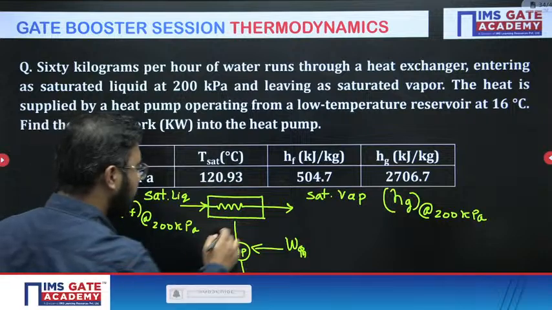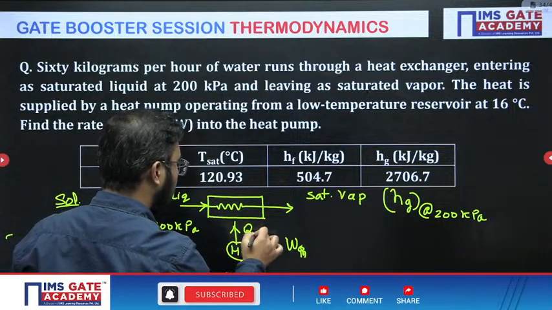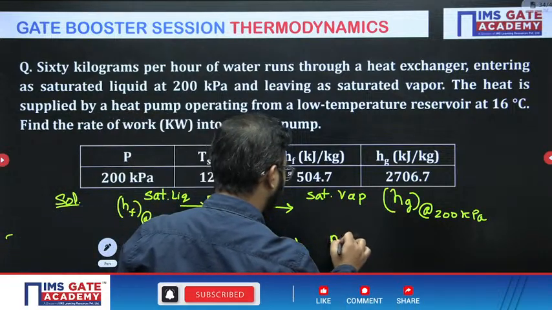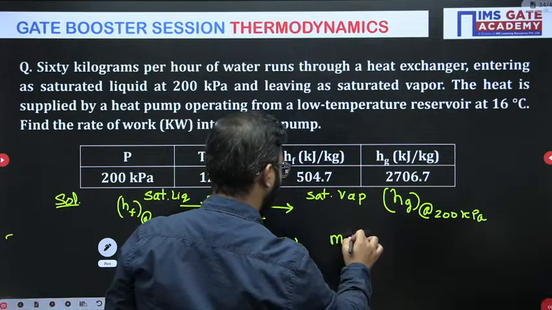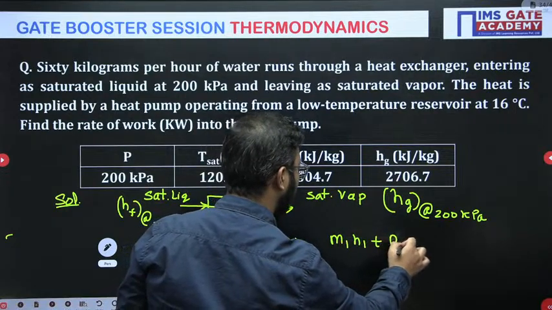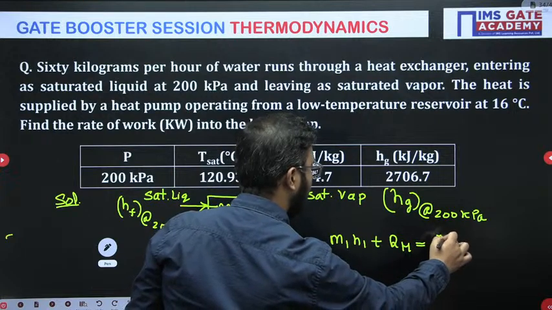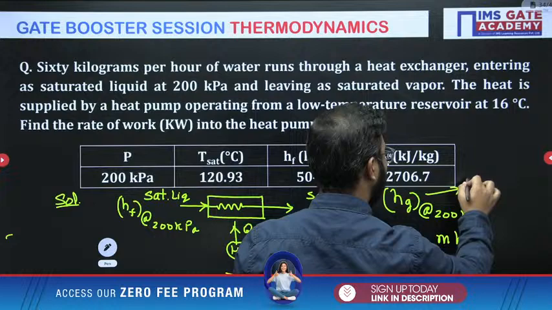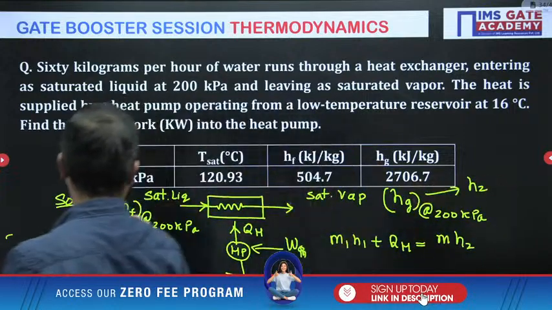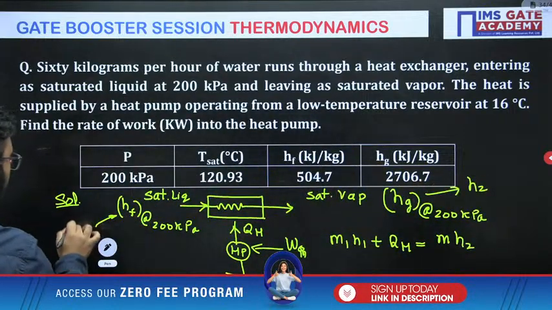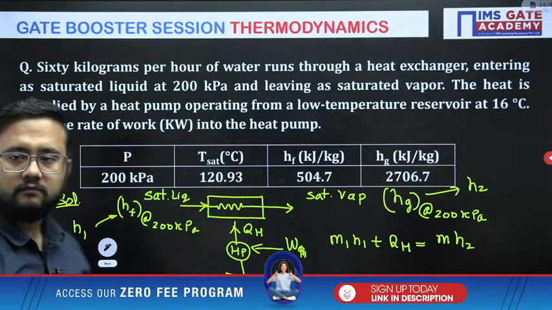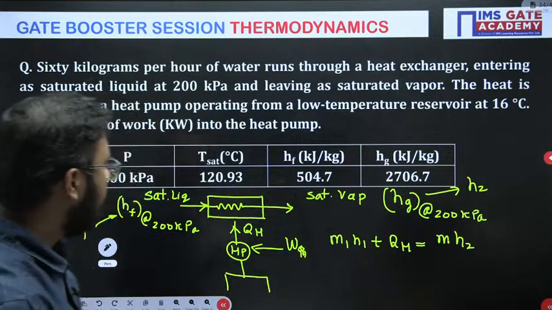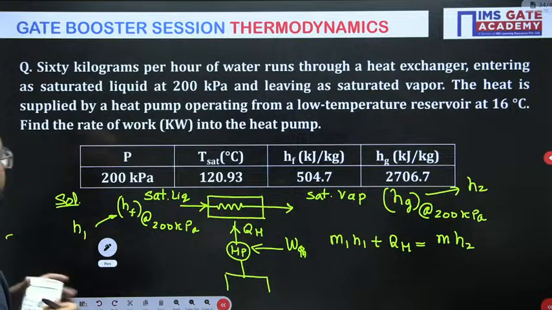QH is going to be supplied. So what I will write: M1 H1 plus QH equals M H2. So take this one as H2 and take this one as H1. Is it clear? So M1 H1, right?